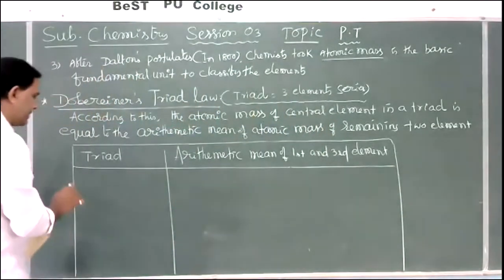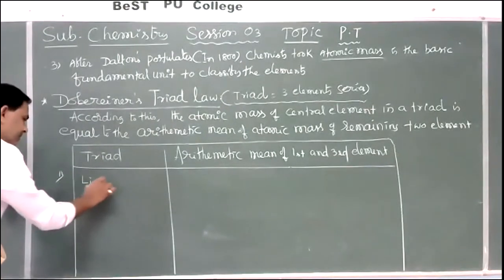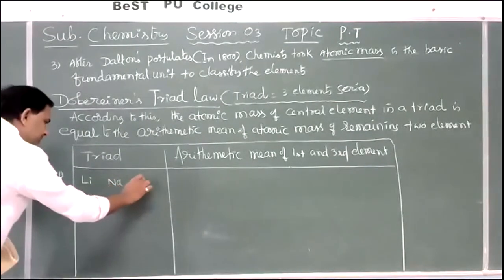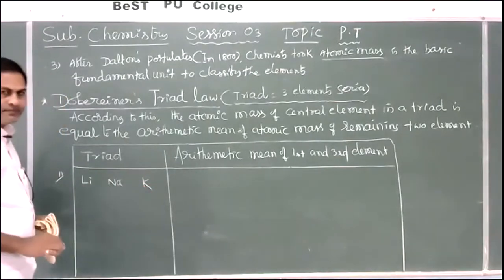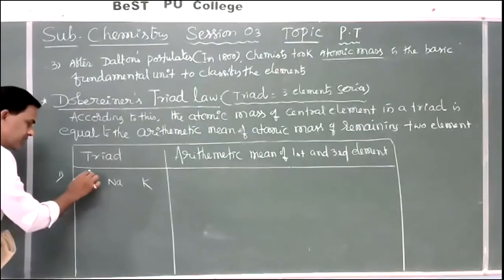One best example is one triad: lithium, sodium, potassium. Lithium atomic number is 3, atomic mass is 7.